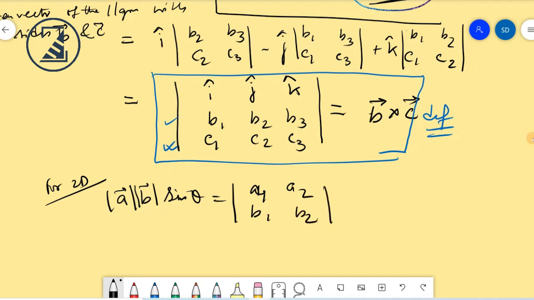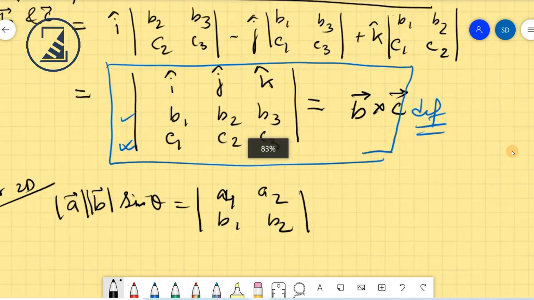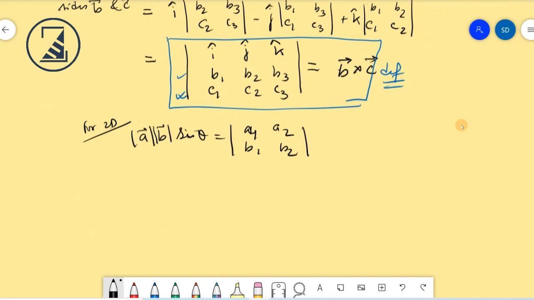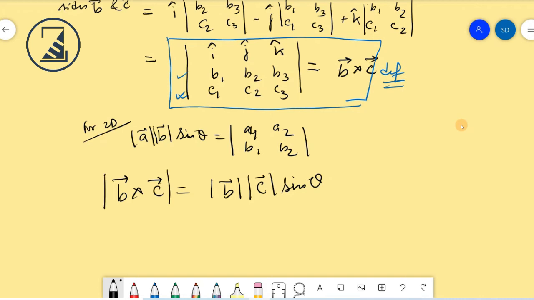So using the same analogy, we would write B cross C is mod B mod C times sine theta. But mod B mod C sine theta is just a number. It has no direction, so we will claim magnitude of B cross C is magnitude of B magnitude of C sine theta, from this analogy we derived earlier.